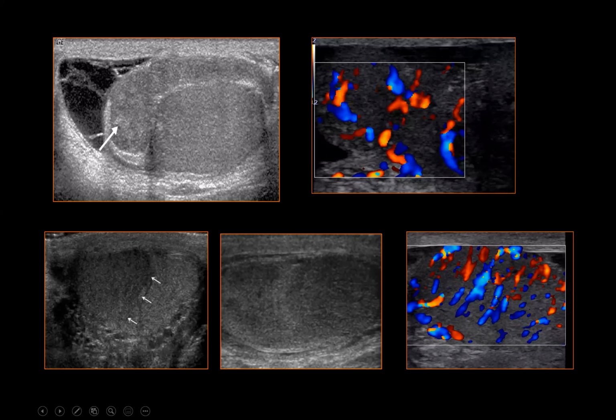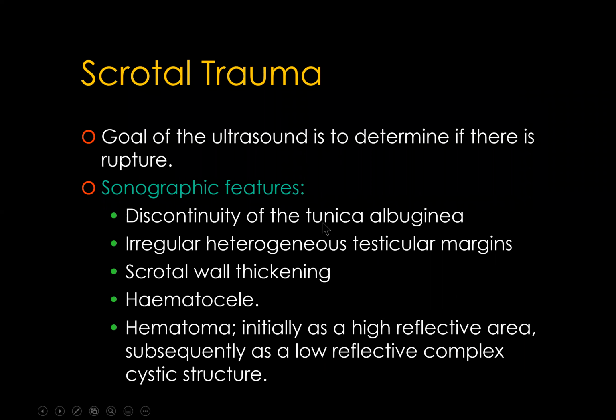Scrotal trauma. The most important goal of the ultrasound in the testicle is to determine if there is a rupture, because rupture of the testis is a surgical emergency that requires immediate diagnosis. In ultrasound, we see discontinuity of the tunica albuginea and irregular heterogeneous testicular margins, and hematocele.